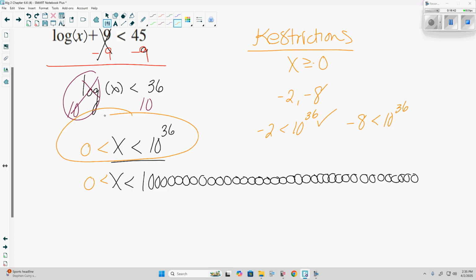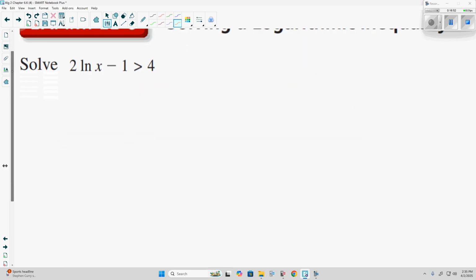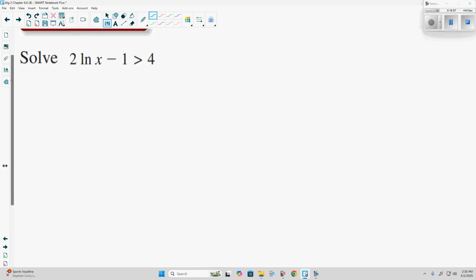Questions on any of this here? Ready for the next one. For this one here, I'm going to change it a little bit. I'm going to put parentheses around the x minus 1.